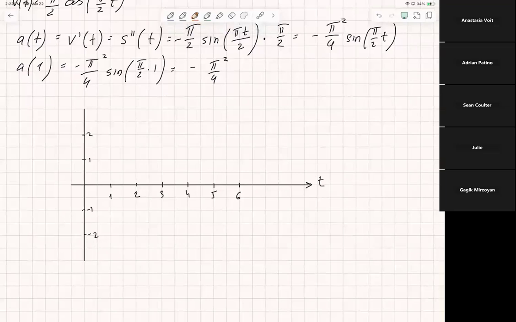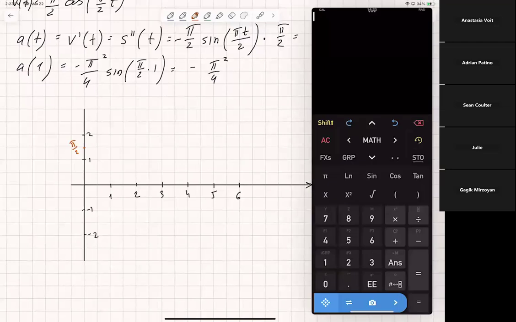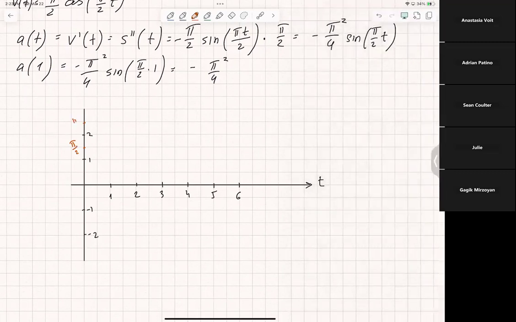And let me see. So we would probably need pi over 2. That's going to be approximately somewhere in the middle here. And pi squared over 4 is going to be probably somewhere. Let me see what pi squared over 4 is. Well, approximately 2.5. So let's put it somewhere here, just for simplicity, in case we need that.